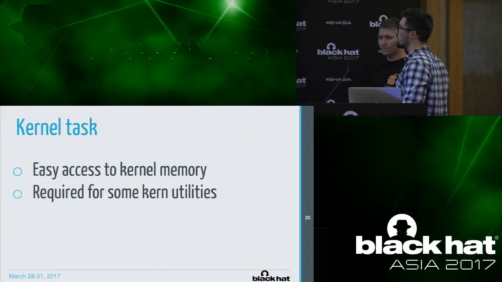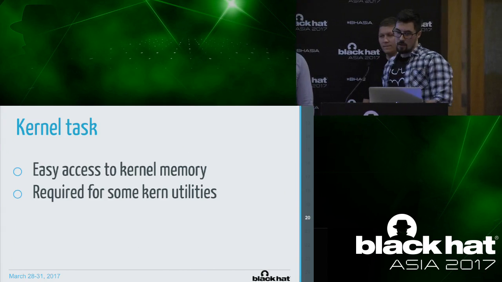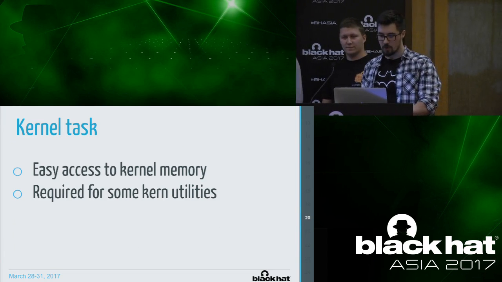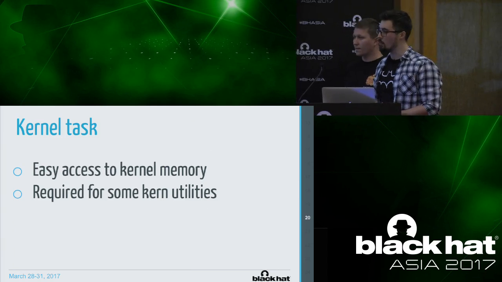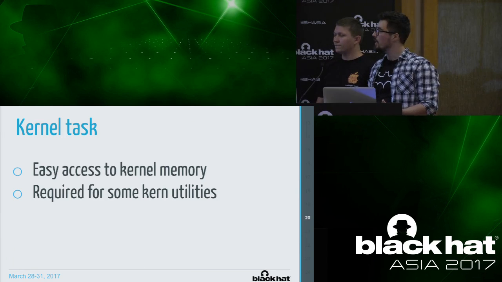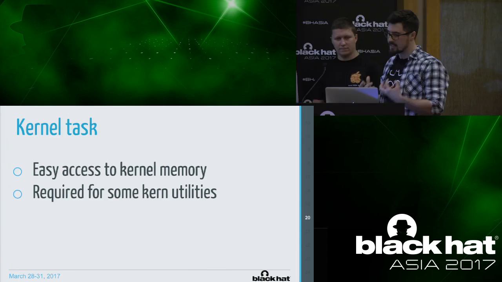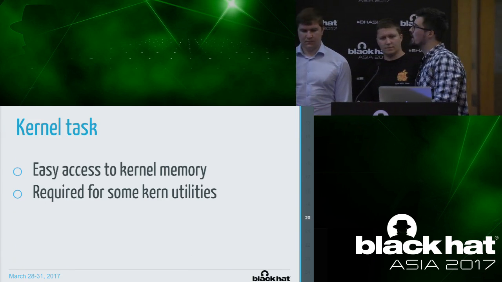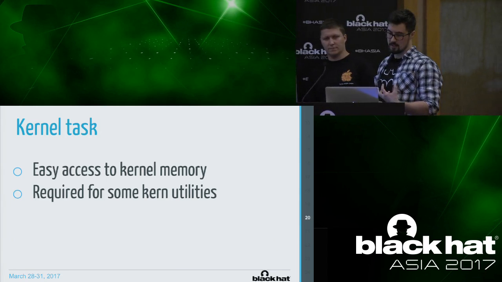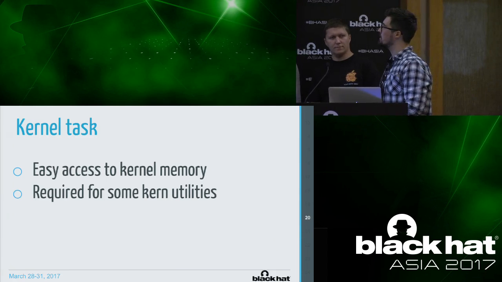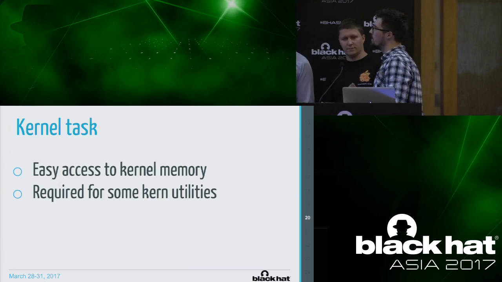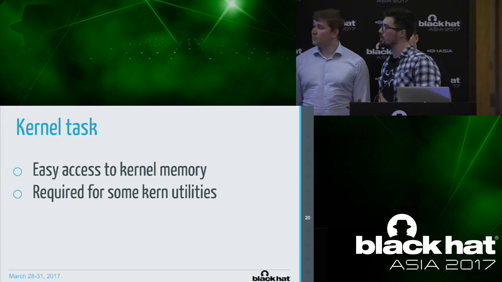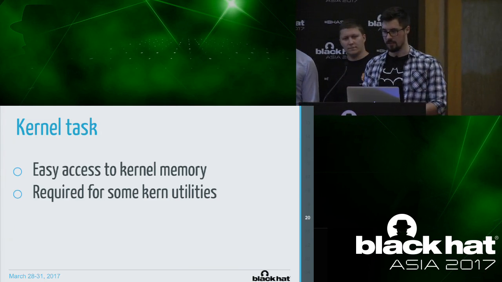The next thing is the kernel task. The task port is a type of Mach port, and it has a pointer to a struct task in kernel memory. So if we have send rights to this port, we can control the virtual memory of any process, we can control the threads, and so on.